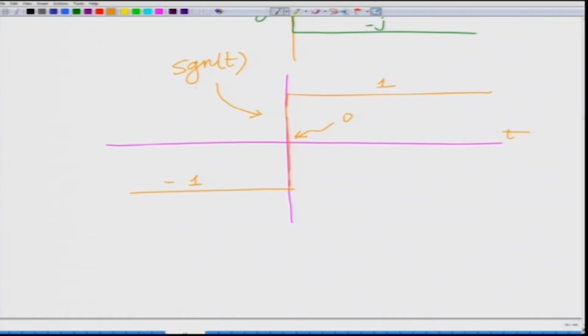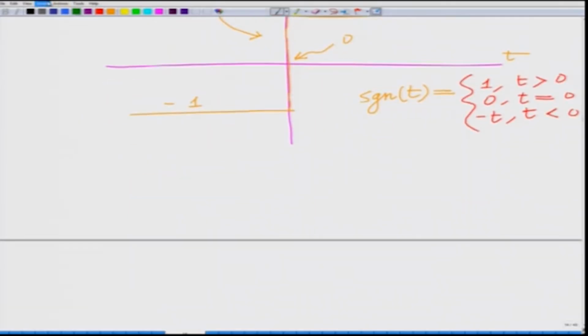So, sgn of t we already know: sgn of t equals 1 for t greater than 0, 0 at t equal to 0, minus 1 for t less than 0. And now you can see the derivative of sgn of t.